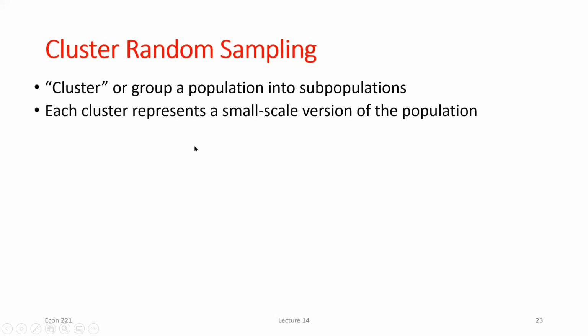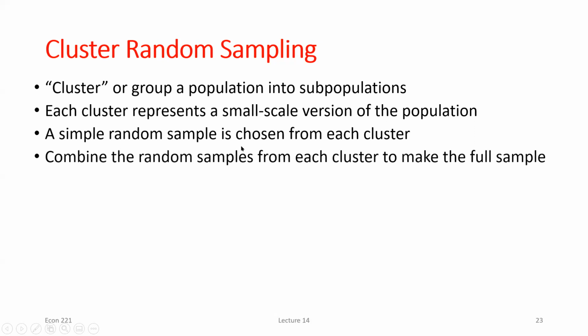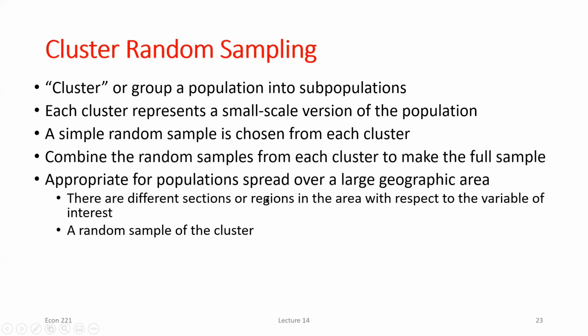Now this is a little bit different because I'm not stratifying my data based off of a characteristic about the observations. Here, I'm looking at different regions or different areas. So maybe I want to make sure every state is equally represented. Cluster random sampling would be: I take each state, randomly sample 2 people from each state, then throw them all together.